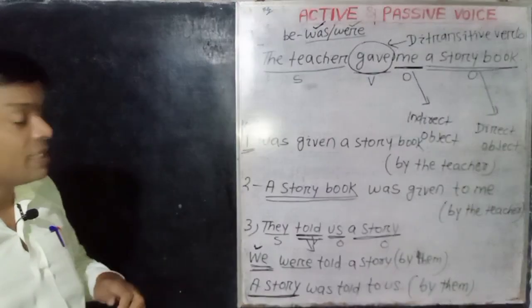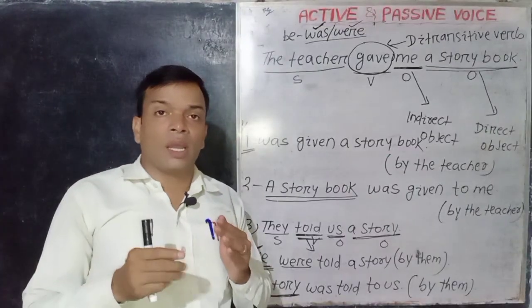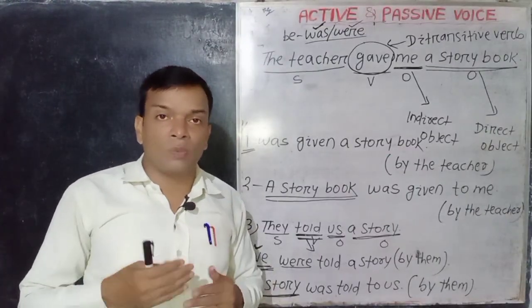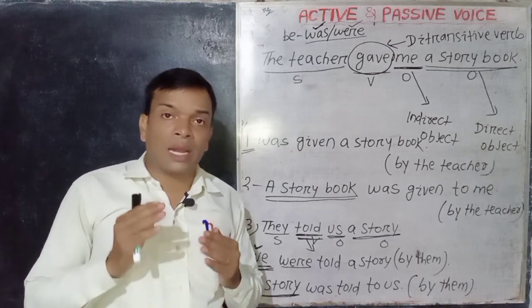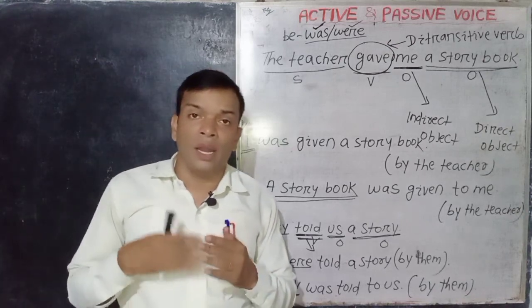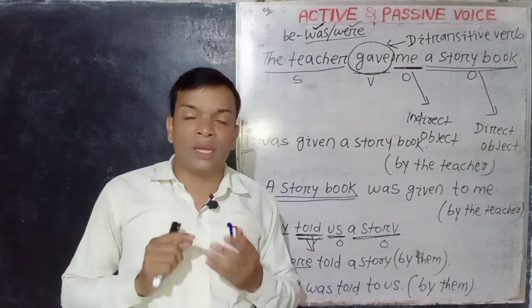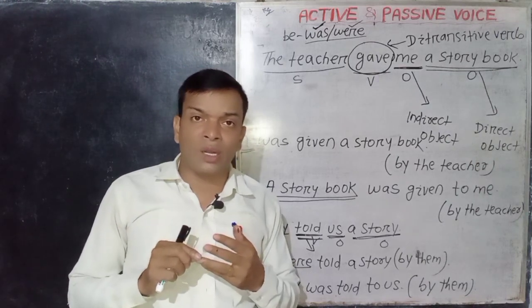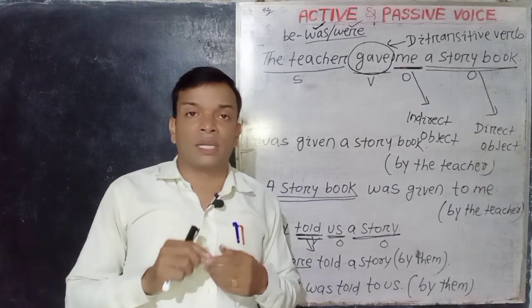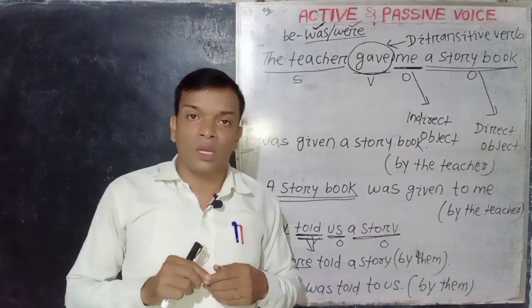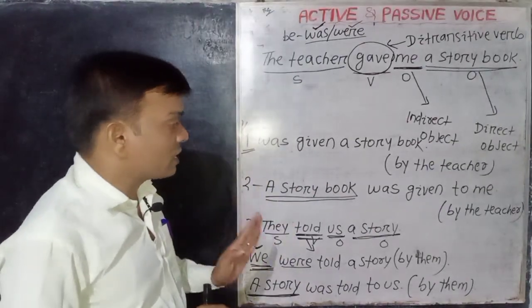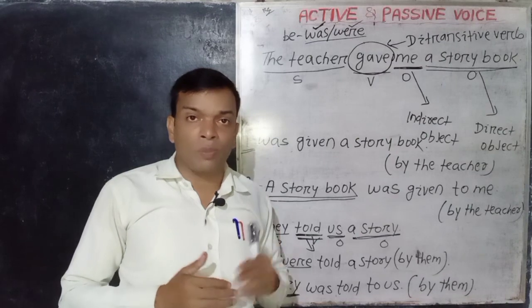So these are the changes, how to change a ditransitive verb into passive. As you know, a ditransitive verb always takes two objects after it, one is direct object and another is indirect object. So two passive sentences are possible here. Clear? You must remember the steps and the rule we followed here.